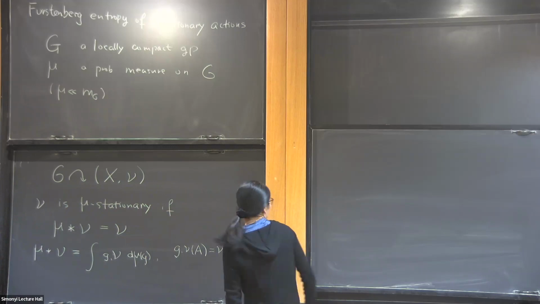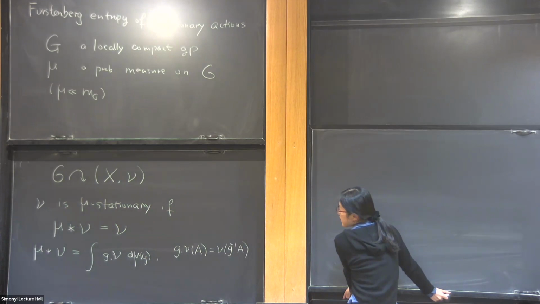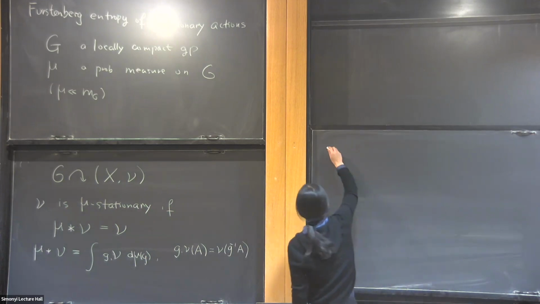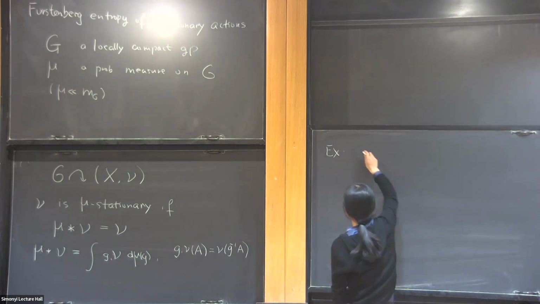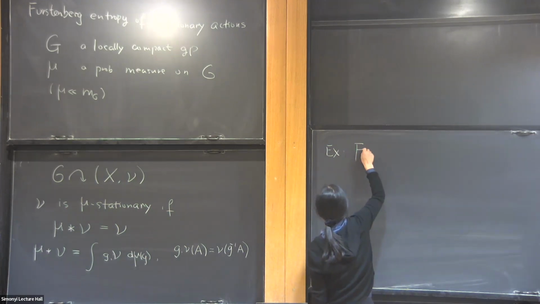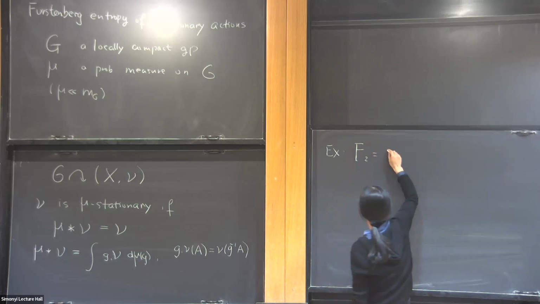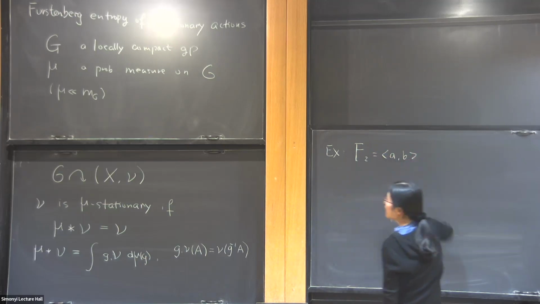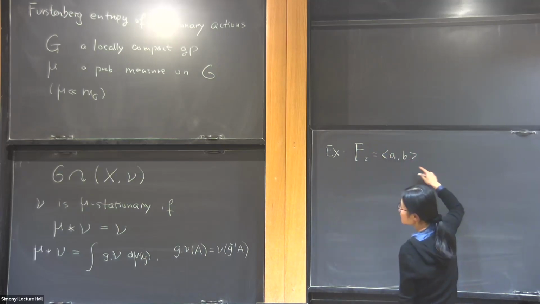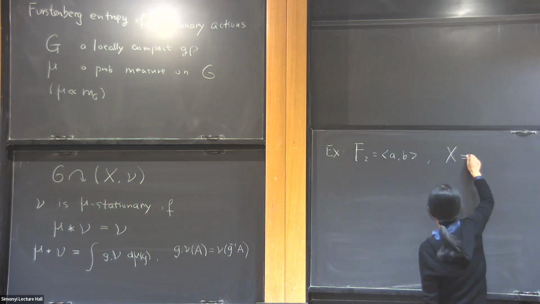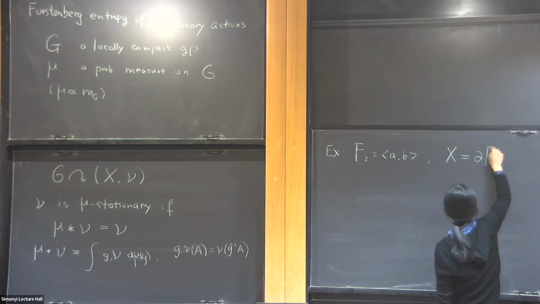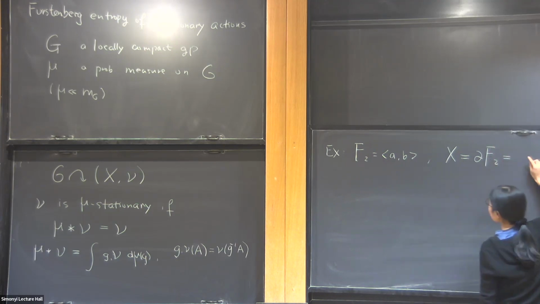Okay, so we start with an easy example. Let's take G to be just the free group on two generators. Then you can take your space to be the ends, the boundary at infinity. These are infinite reduced words.